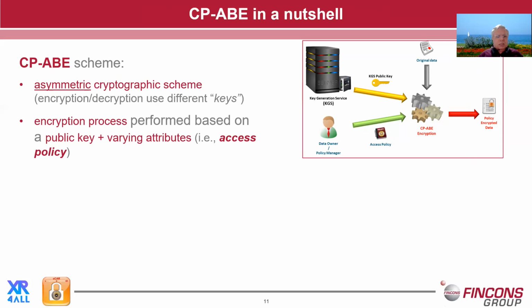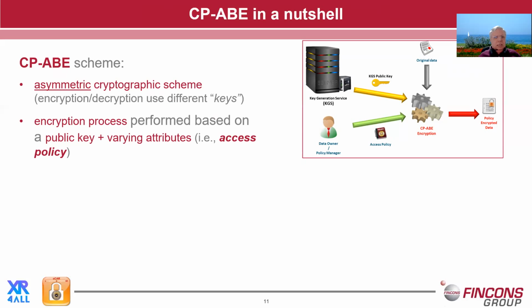The encryption process is based on an access policy that combines a set of attributes that specify what kind of characteristics a decryption key has to satisfy in order for the decryption process to succeed.